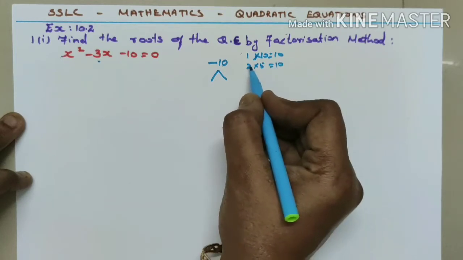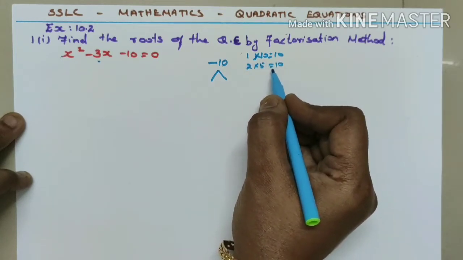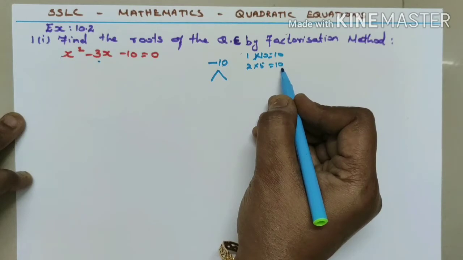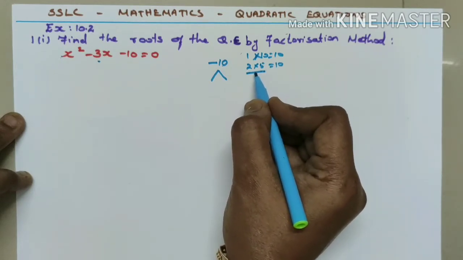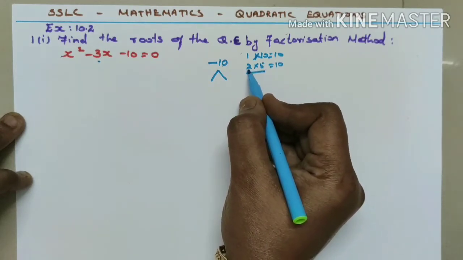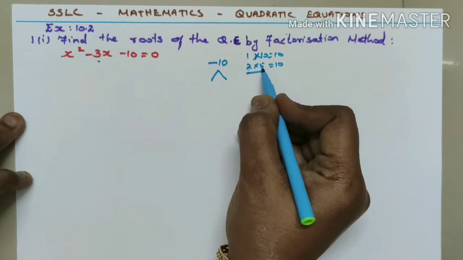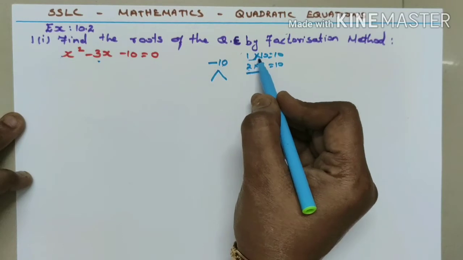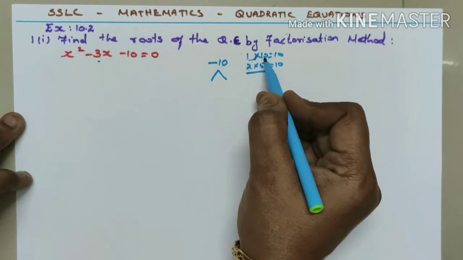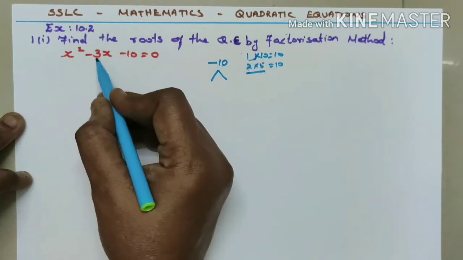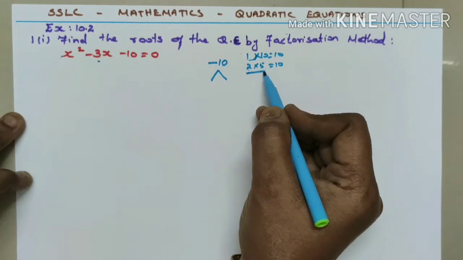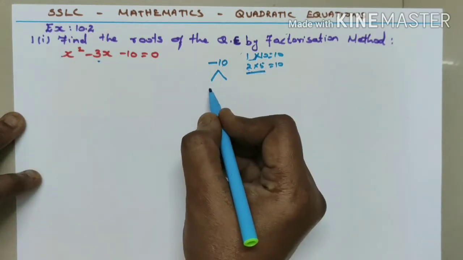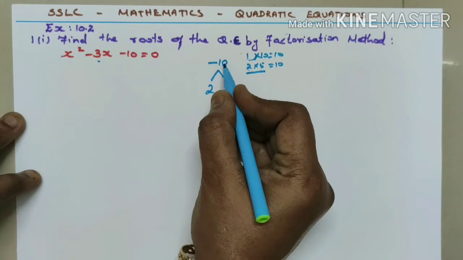These are the two numbers we can use to get 10. So let me take 2 into 5, because if you add or subtract you should get 3 as the answer. So 1 and 10 is impossible: if you add or subtract you won't get 3. Only with 2 and 5, if you subtract, you will get 3. So 2 and 5 are the factors of 10.